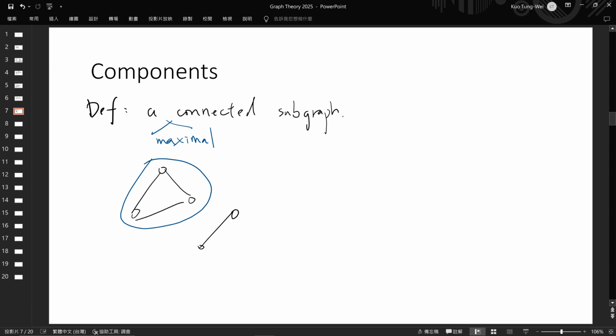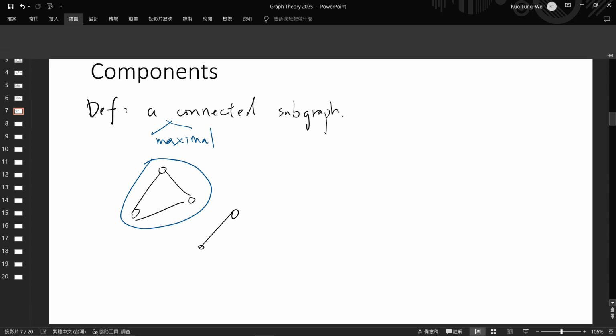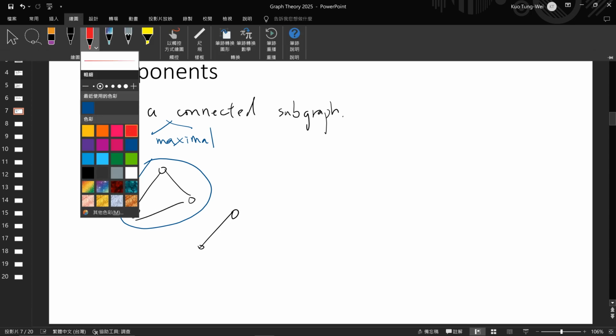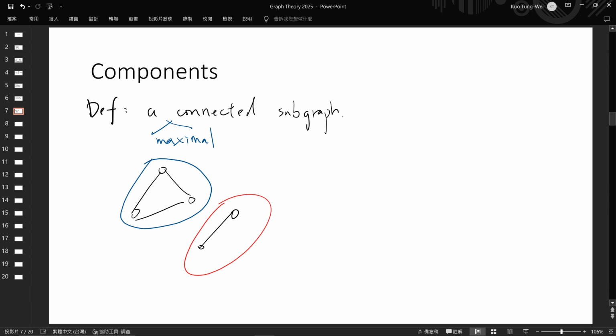Local maximum. This means you cannot really add any more vertices to this subgraph. So this maximum means, according to his words, local maximum.